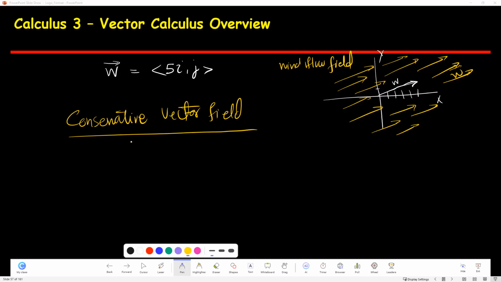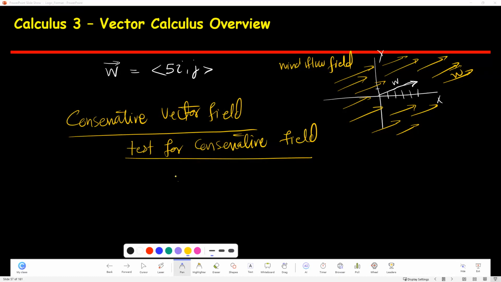And how do you test? We use a test for a conservative field. What we do is we just take the field, like this is my vector F, and they have M i and N j.